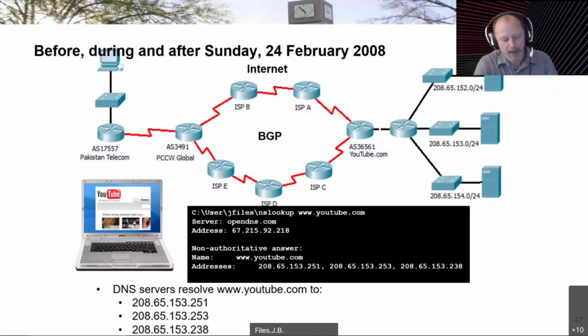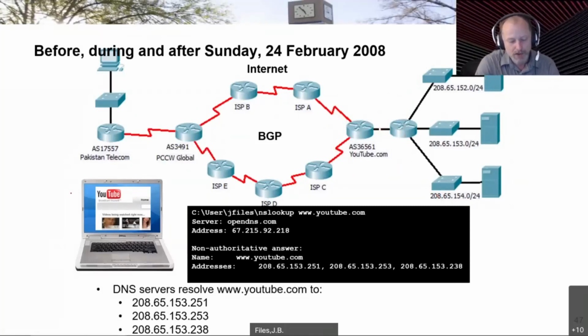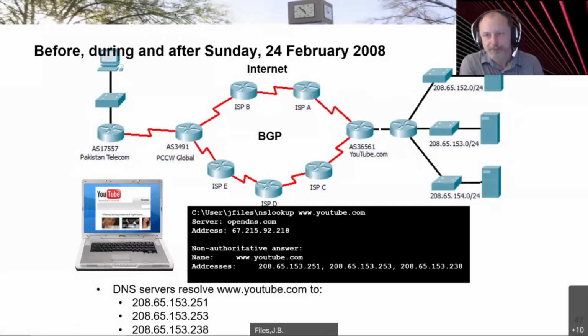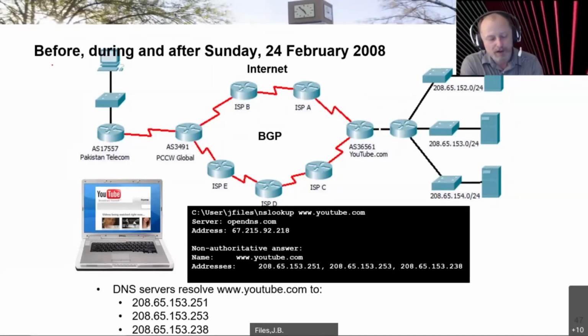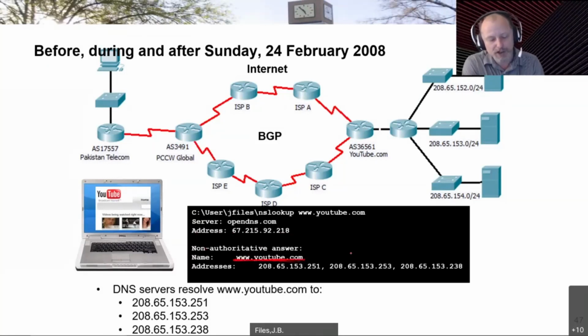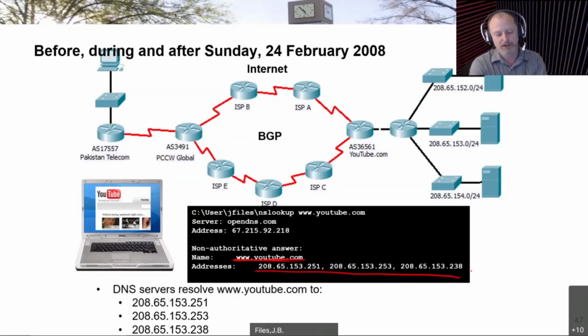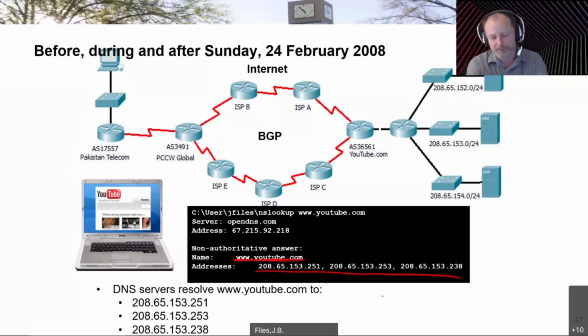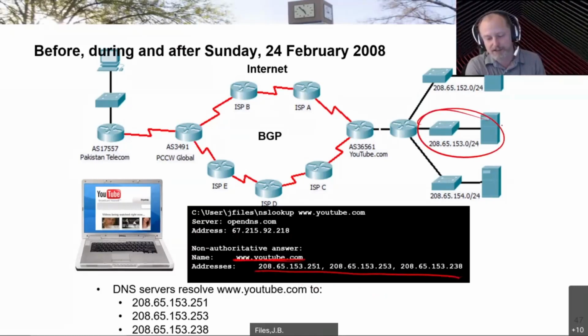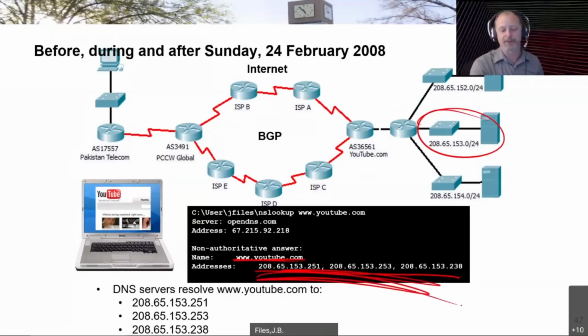So essentially, youtube.com is going to resolve to this particular subnet in this example.